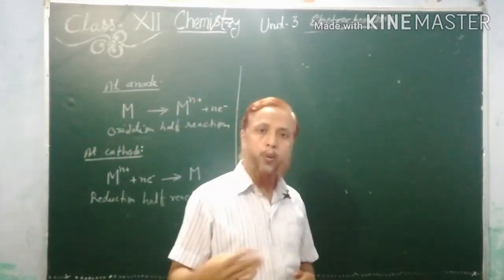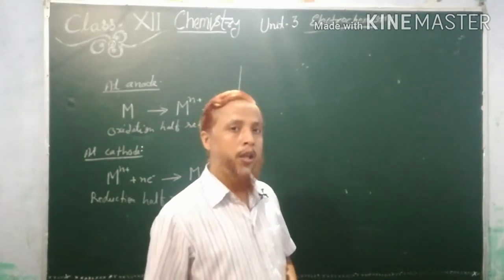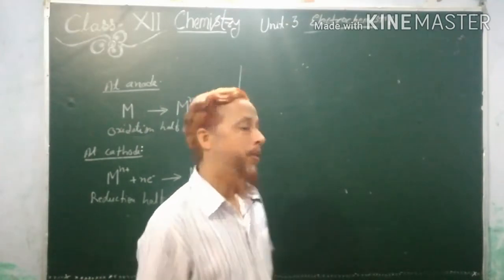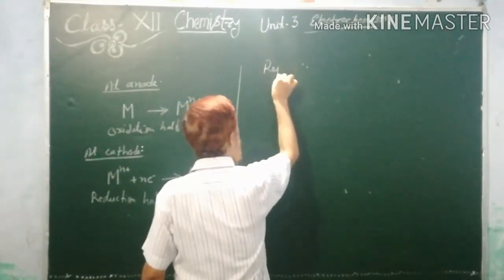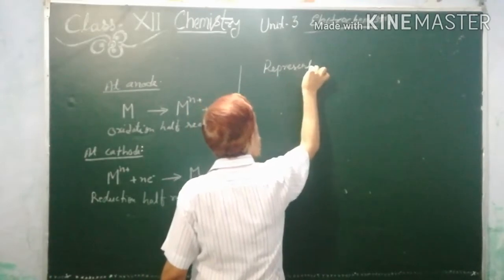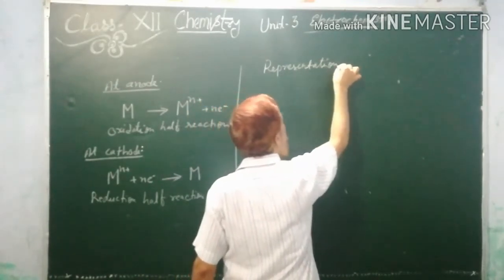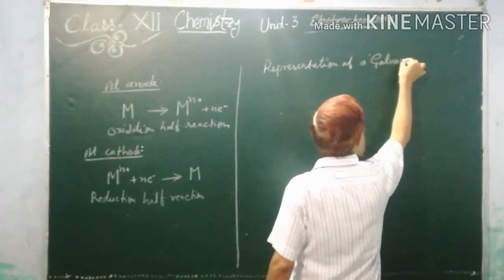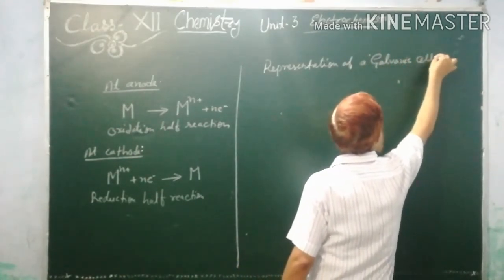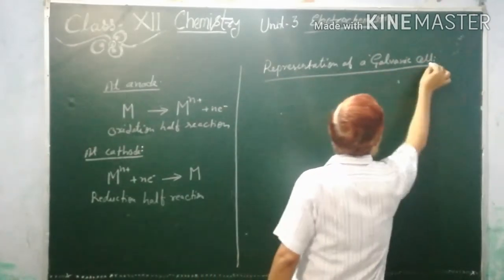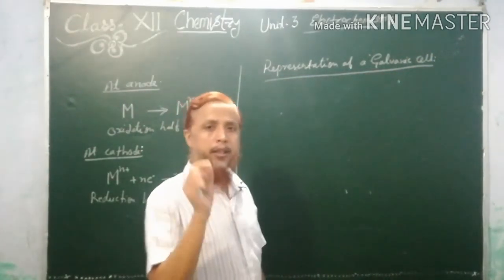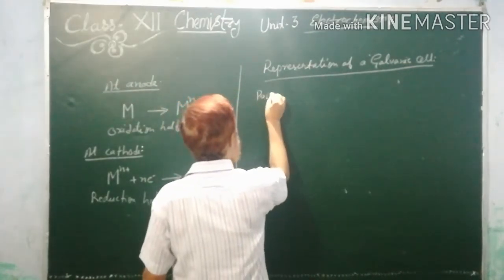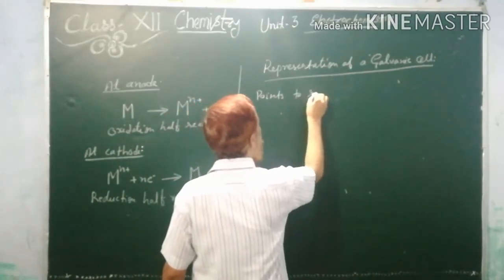We will practice some more problems, but before that I want to tell you how we can represent a galvanic cell. To represent a galvanic cell, there are certain points you should keep in mind. What are the points to remember?